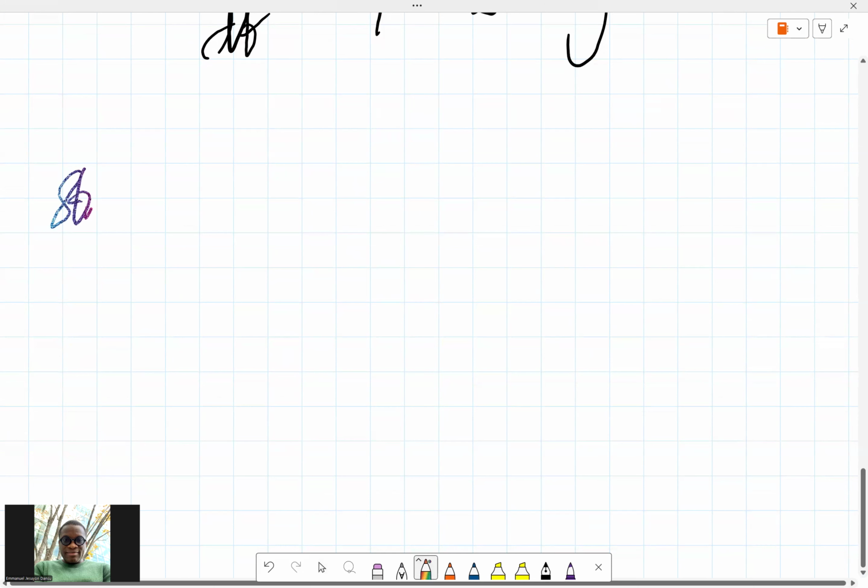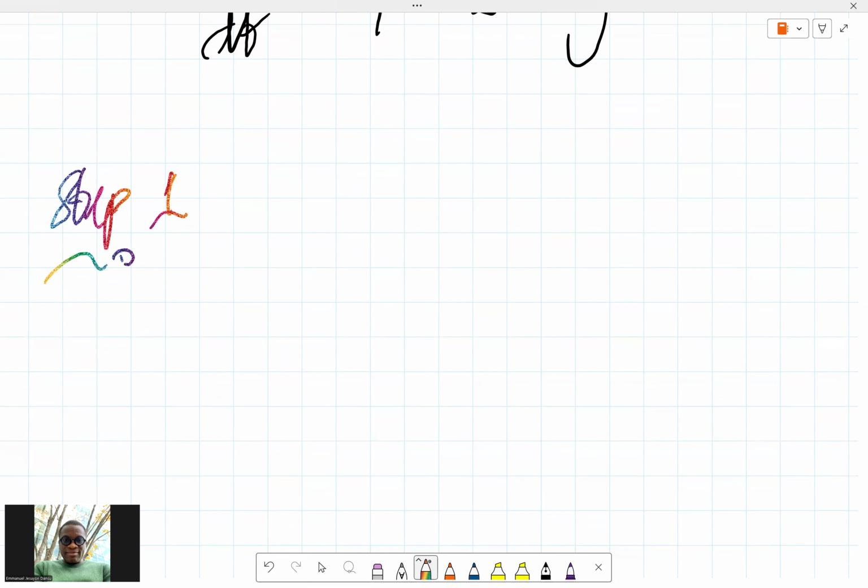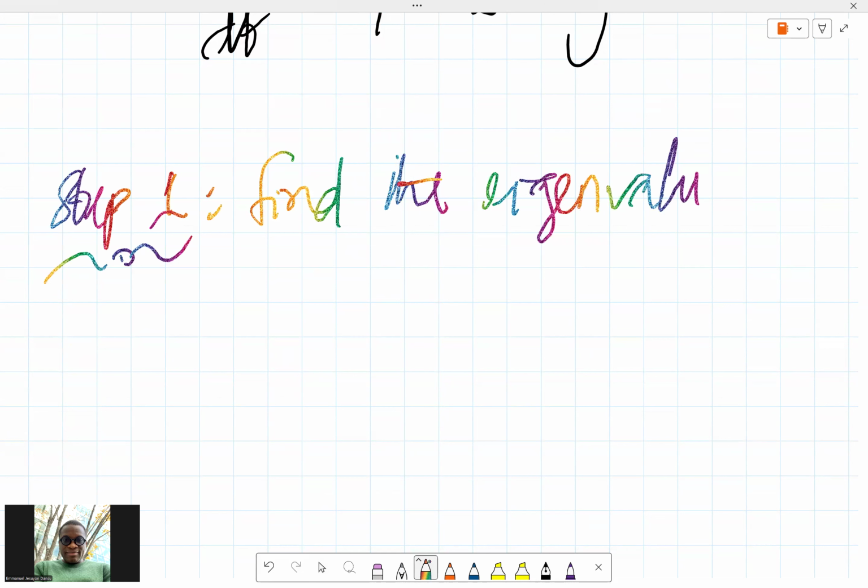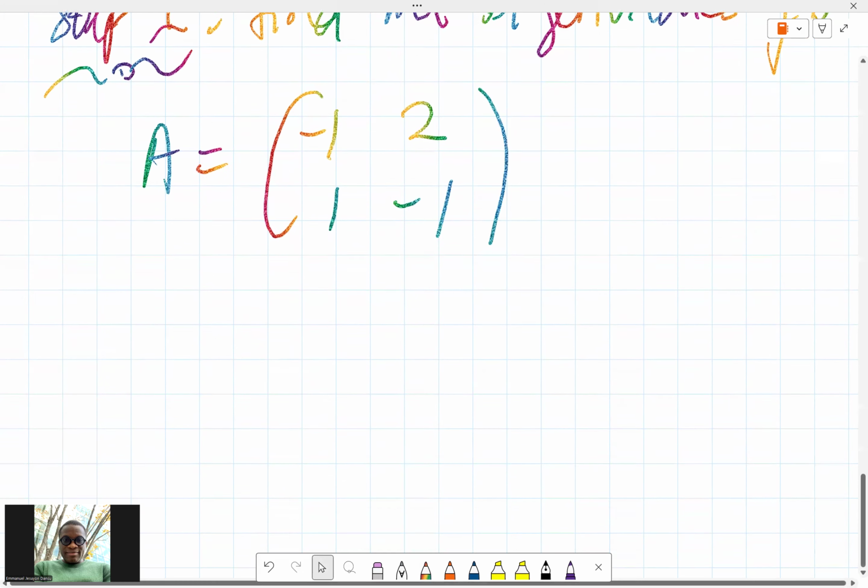In step one, find the eigenvalues of A. We see A is simply [-1 2; 1 -1], and we already know how to find eigenvalues.